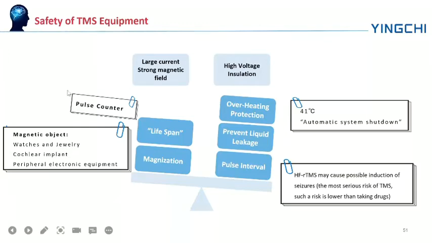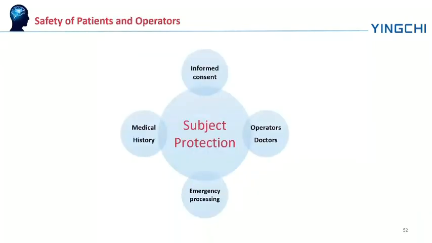We need to pay attention to the coil lifespan, so we need to have a pulse counter. This pulse counter can also achieve more accurate treatment and research. The safety of patients and operators needs to be protected. As for the subjects, they need to give informed consent, and we need to know their medical history and basic information.